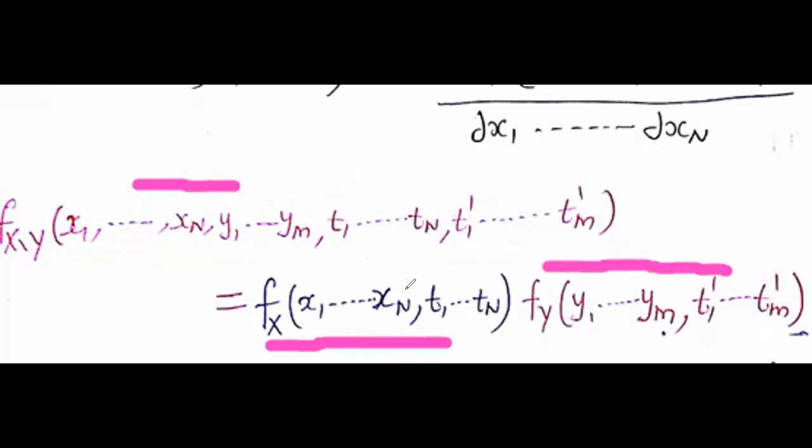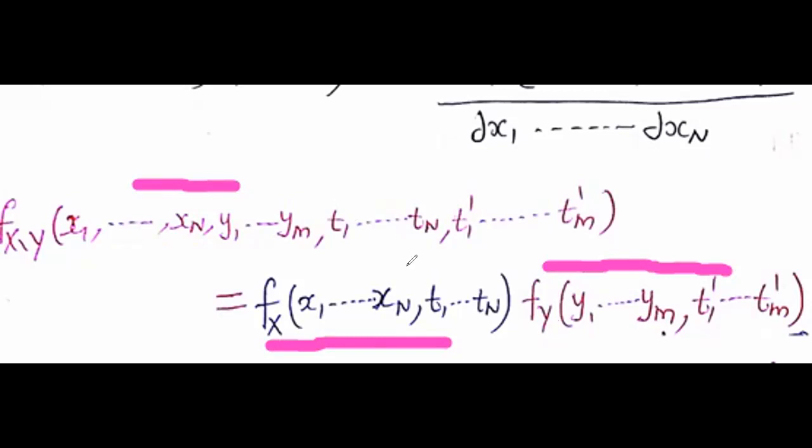And if you replace this equation by these equations, which are very similar to the marginal distributions of x and y, then these two random processes, x of t and y of t, are said to be statistically independent.